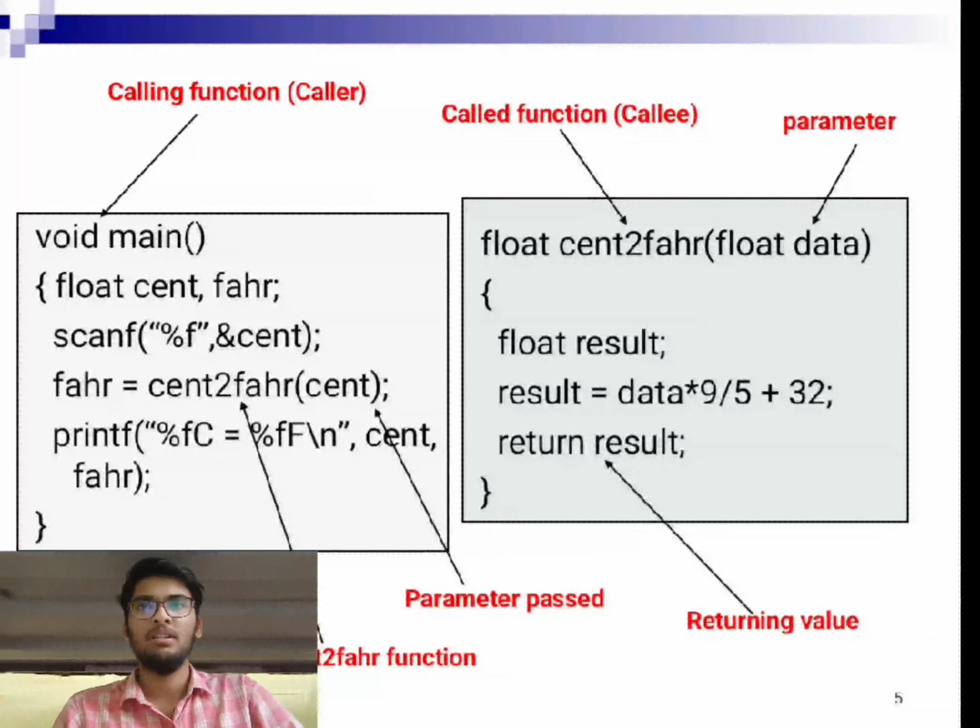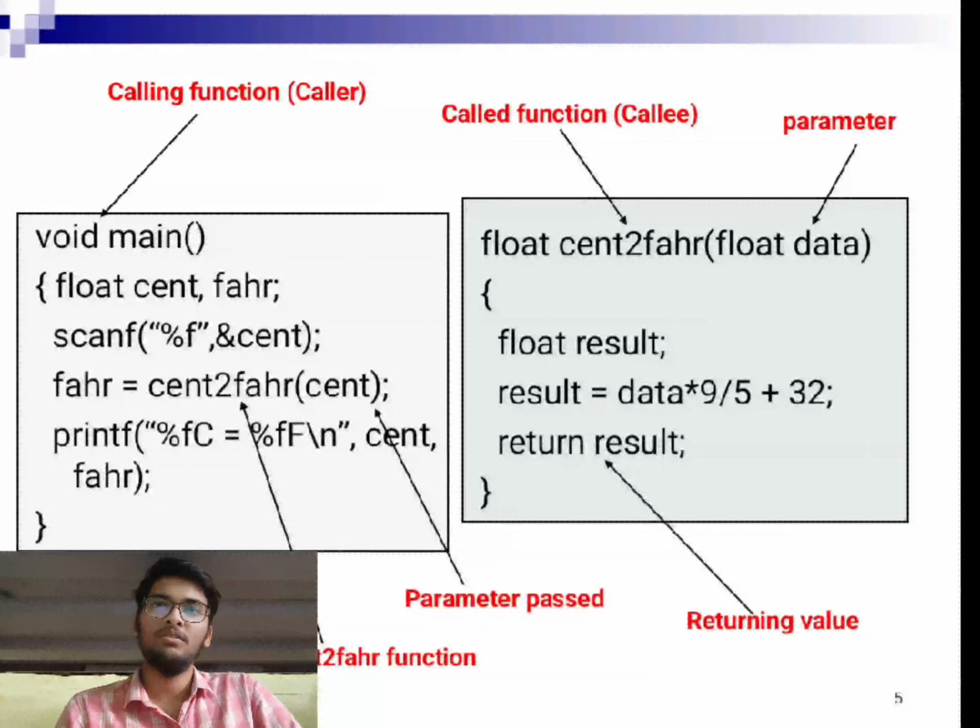Starting from void main, float cent, Fahrenheit: initializing cent and Fahrenheit, the centigrade and Fahrenheit values. scanf with format specifier %f, storing in cent, and the function of cent, 2 into Fahrenheit, is assigned to Fahrenheit FAHR.